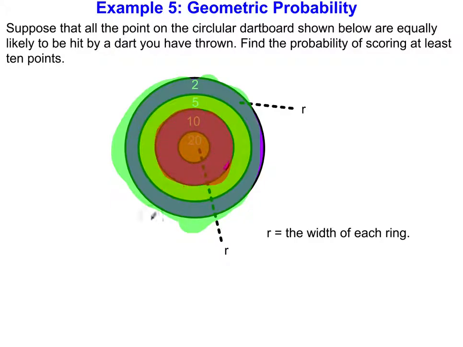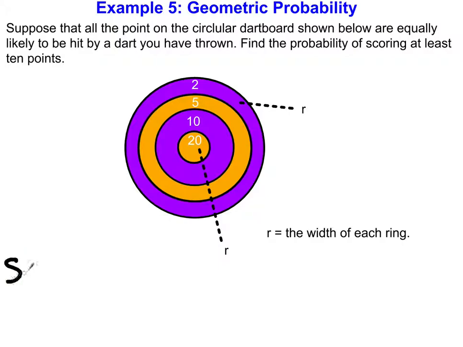So in order to figure out the probability, we're going to have to do some geometry. The first thing is we've got to figure out the size of our sample space. Well, our sample space is the area of this circle. This circle has 1, 2, 3, 4 radiuses. So it's pi r squared, and r is 4r in this case.